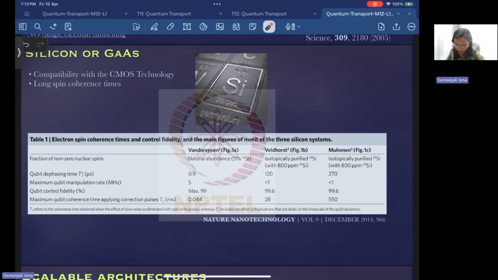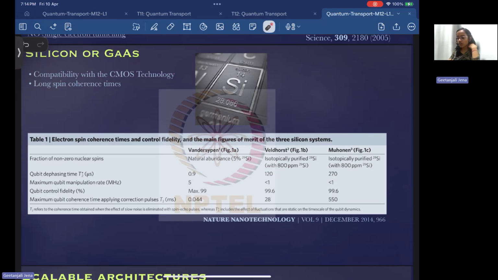Another advantage is that silicon-based qubits are CMOS compatible. We already have developed fabrication technology which can be used to design silicon-based qubits. That is why we mostly prefer silicon over gallium arsenide based qubit systems.